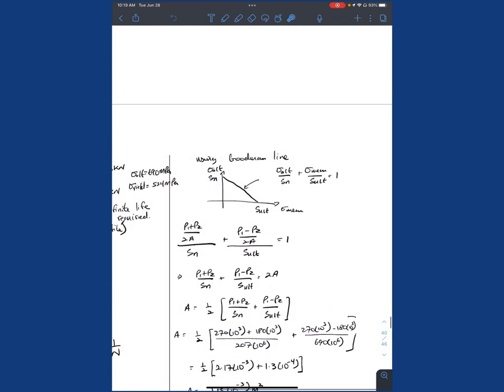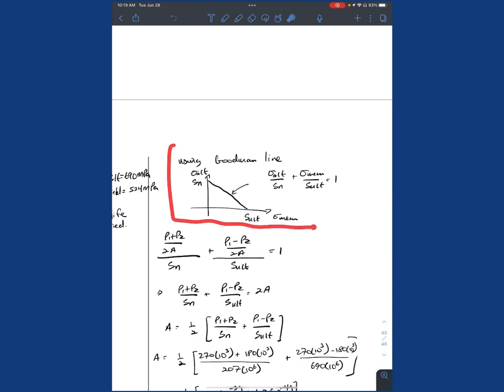Right, so this was the sketch I wanted you all to do just to understand what the Goodman line is, with the mean and the alternating stress plotted against each other. All we have here is from Sn to S ultimate, there's our line. And we're saying anything that falls outside this line, if we were to plot sigma mean versus sigma alternating, we will have eventual failure, or we will not have infinite life.